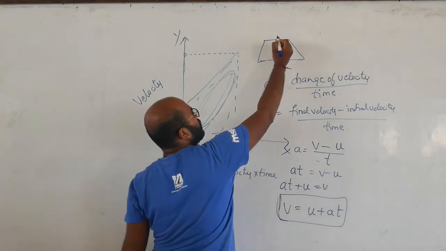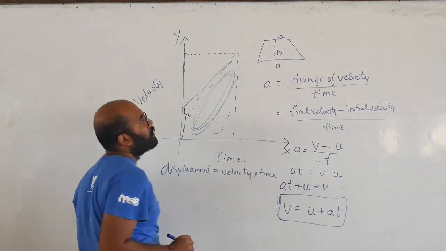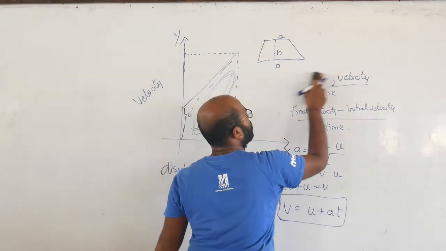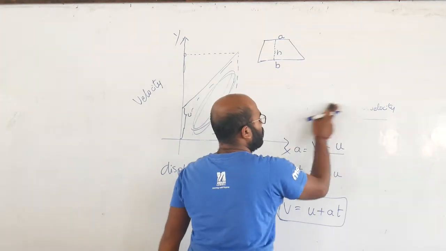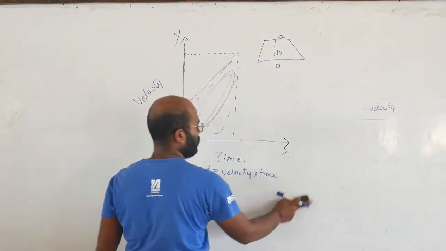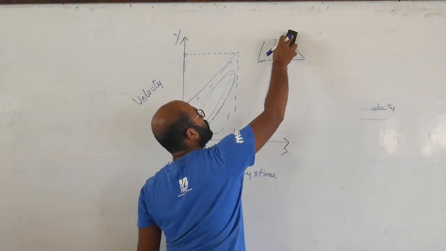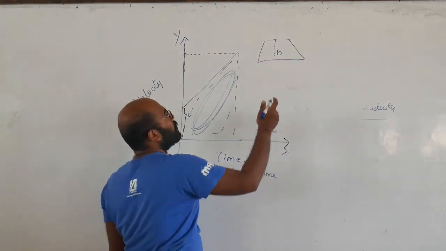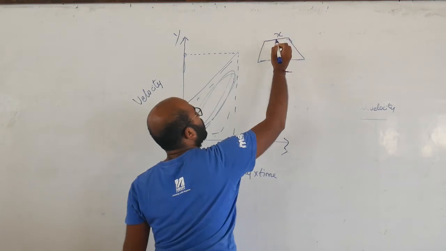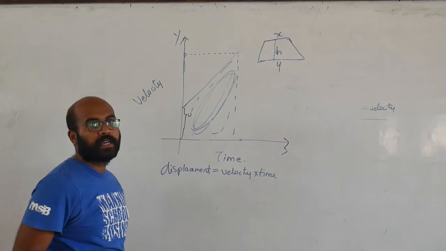If I take this length to be a and this to be b, or, if it gets confused with acceleration, let me take this to be x and this to be y. The height of the trapezium is h.